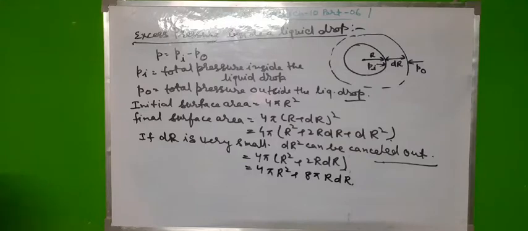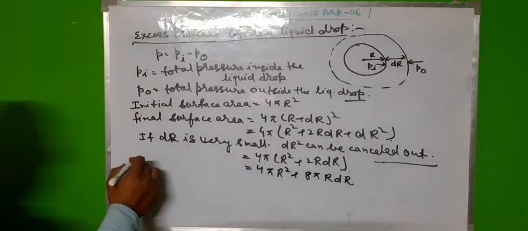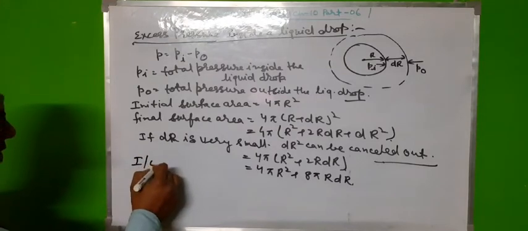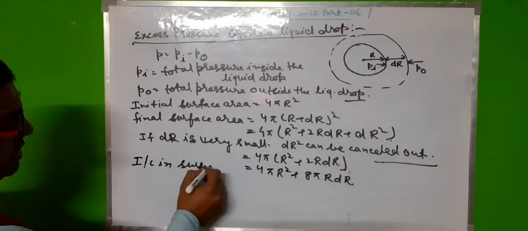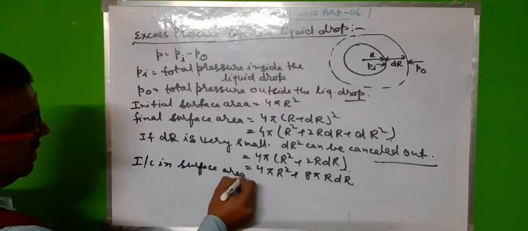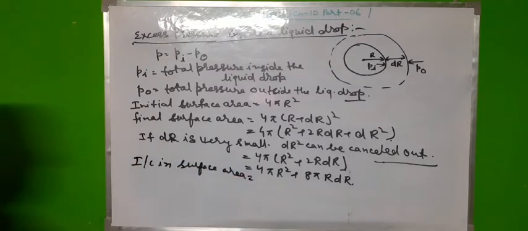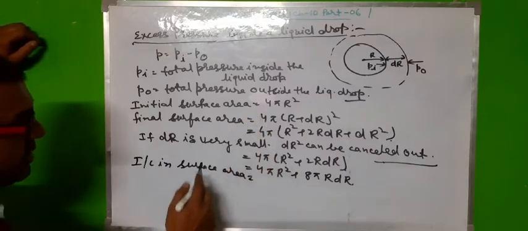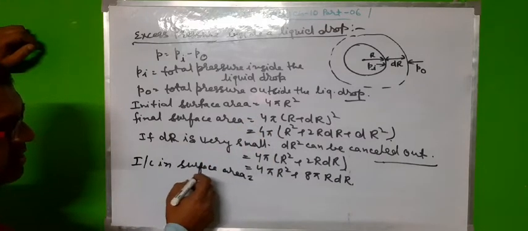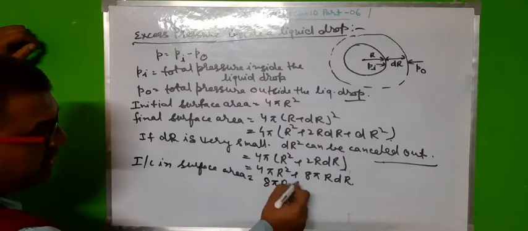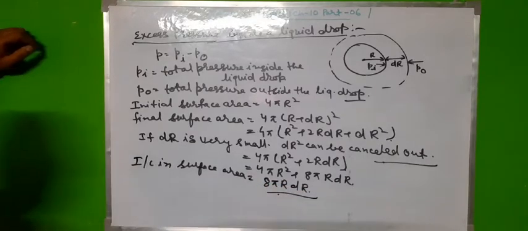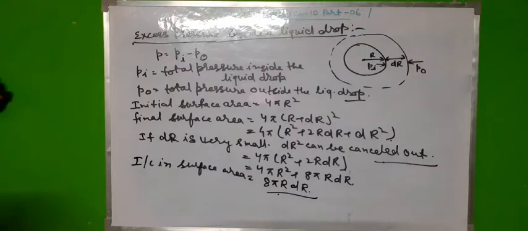So the increase in surface area is final surface area minus initial surface area. So it will be equal to 8 pi r dr. This is the increase in the surface area.